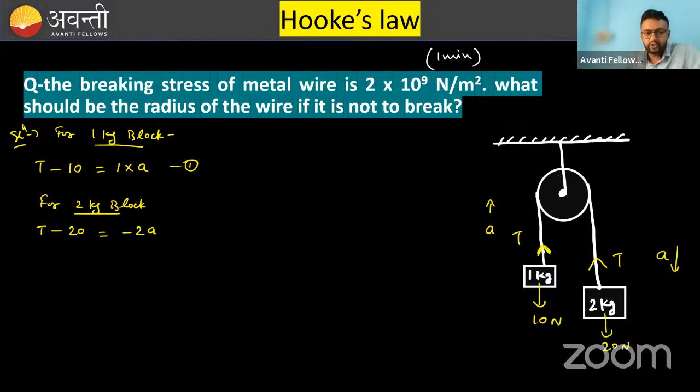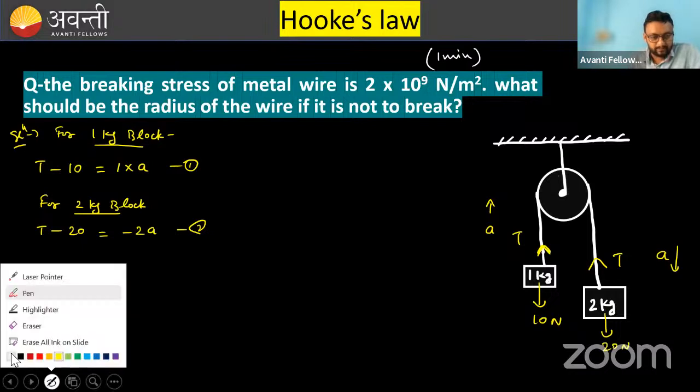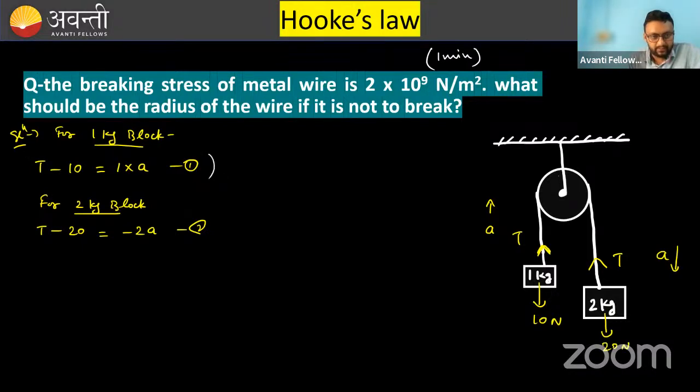So what do we need to do? We need to calculate the tension in this case, not the acceleration. Acceleration is not required. So to calculate the tension, we can solve these equations. Let's multiply this by 2 and add 1 and 2.